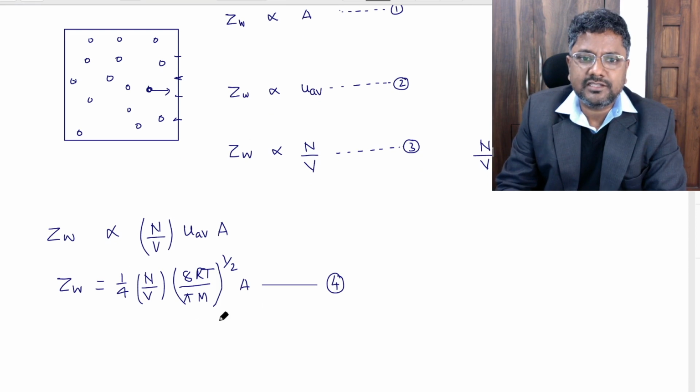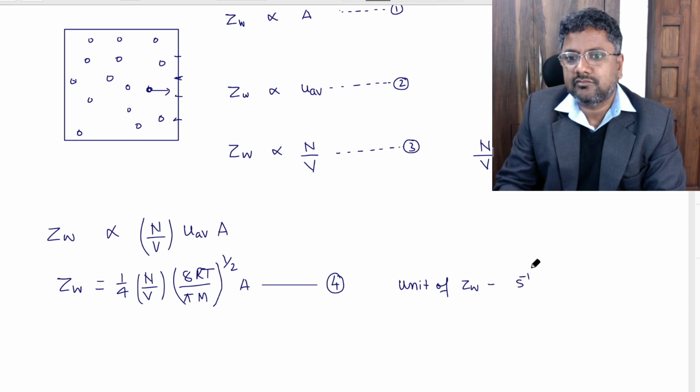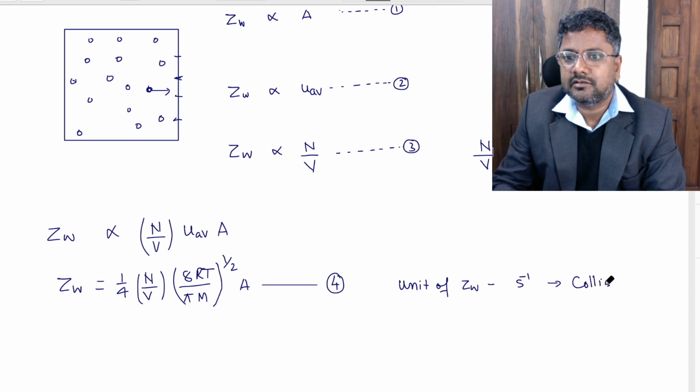If you analyze the unit of the right hand side, you will find the unit of ZW is per second. Unit of ZW is second inverse, also known as collision frequency.